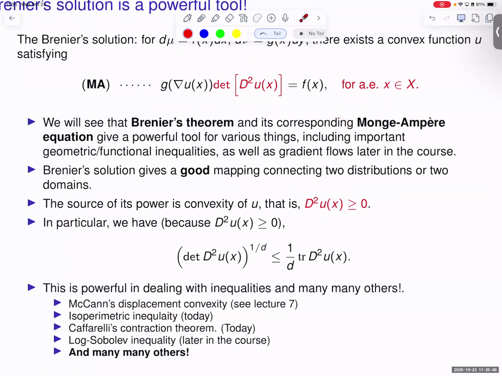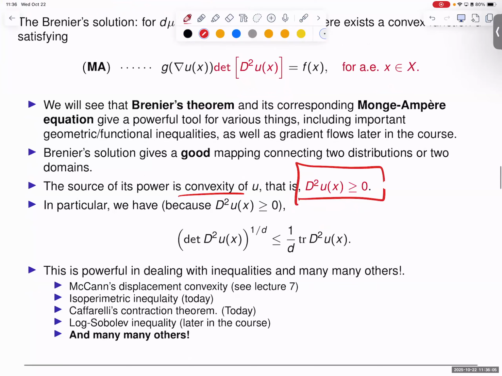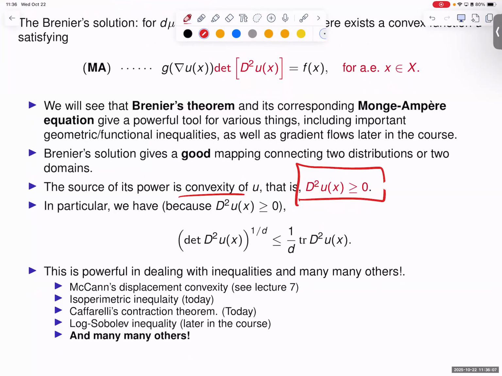One of the most important reasons is that this Hessian is non-negative, because of the convexity. And out of this non-negative Hessian, a very nice thing is the geometric-arithmetic mean inequality.